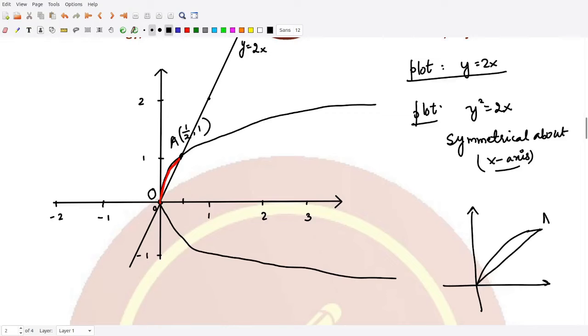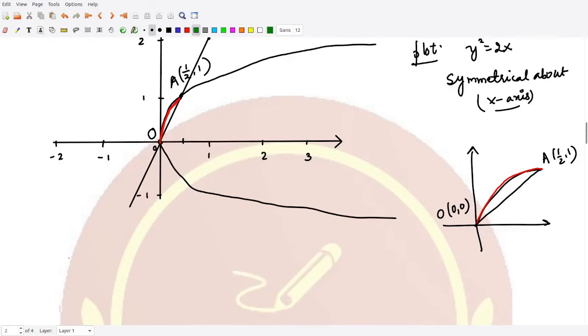This point is your point A, which is 1/2 comma 1, and this point is your origin, which is 0 comma 0, right? And you are interested to calculate this much portion of the length, and you basically have to determine what integral would give you this particular value. So this is what is required, right?